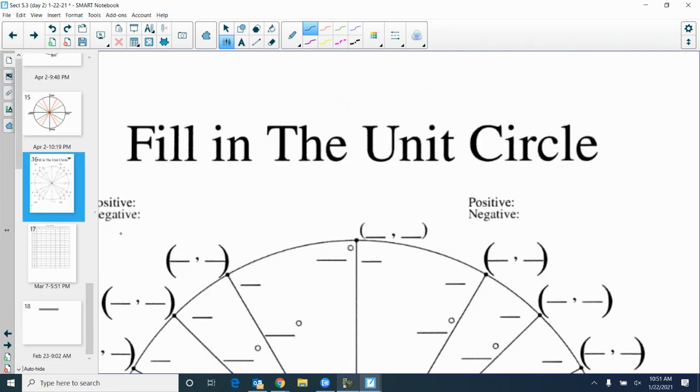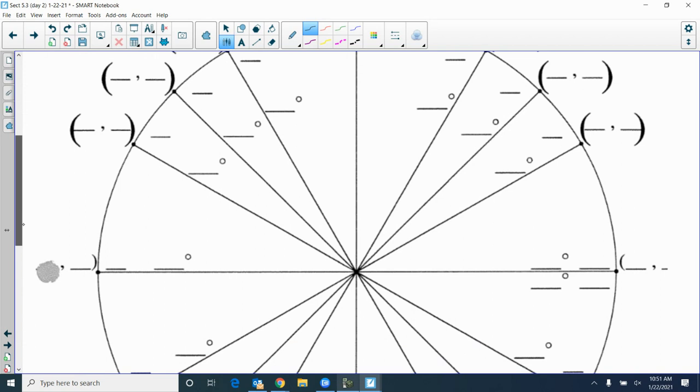Okay, so right here on the inside, these are the degrees. 0, 30, 45, 60. So everything goes up in those increments. Once you get to 30, then it goes up 15 degrees and 15 degrees.